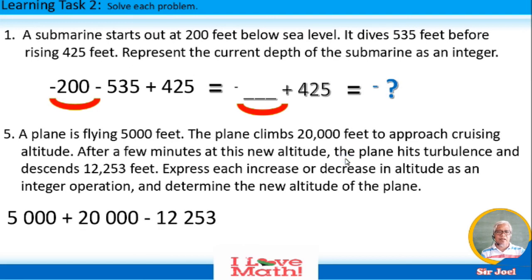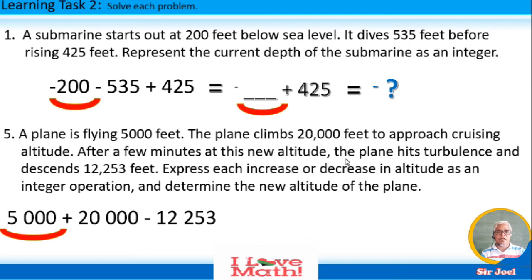Tama? And then, the plane climbs 20,000 feet, kaya nagkaroon tayo ng plus 20,000. And then descends, sabi nga natin kanina, pag sinabing descends, bumaba. So, minus 12,253 feet. So, ang problem na natin is 5,000 plus 20,000 minus 12,253. To solve, unahin natin yung 5,000 plus 20,000, which I think alam nyo ang sagot, di ba?